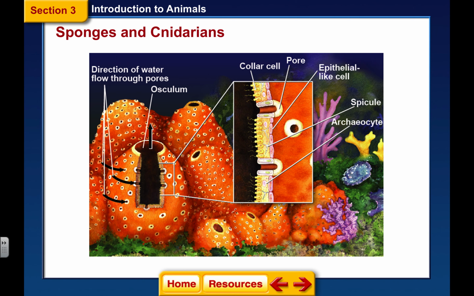A lot of times starfish will go away if they get a mouthful of these spicules. Then you can see here the amoebocytes down below. They're also for digestion, and on the outside we have these pinacocytes, an epithelial-like cell that together make up the pinacoderm.